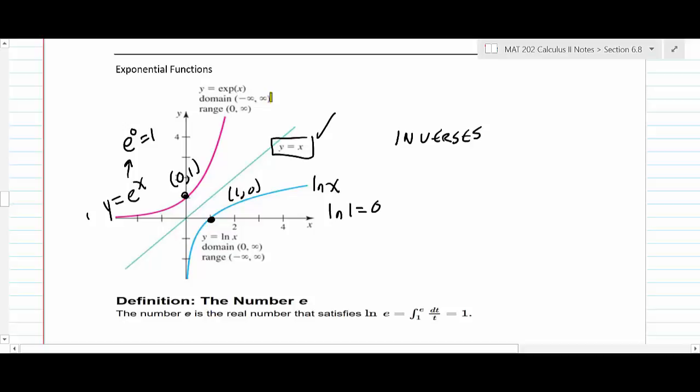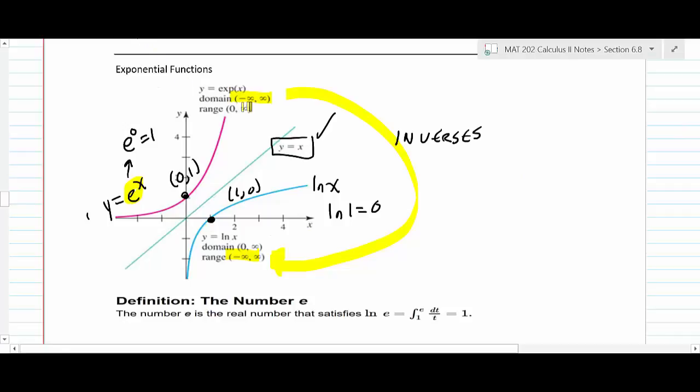The other thing I want to remind you of is this. The exponential has a domain of all real numbers. x can be anything because it's an exponent, and an exponent can be any number. But notice that turns into the range of the inverse, so that you flip coordinates. So the range of the logarithm is all real numbers. That means it gets infinitely high with y values, infinitely low with y values.